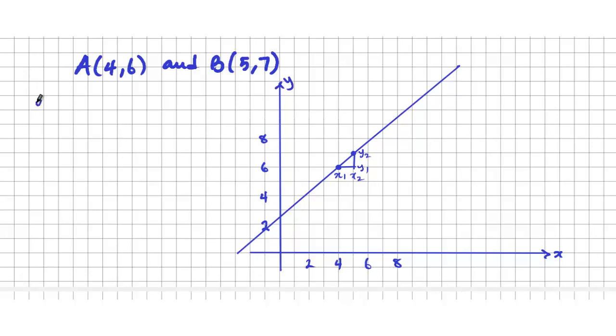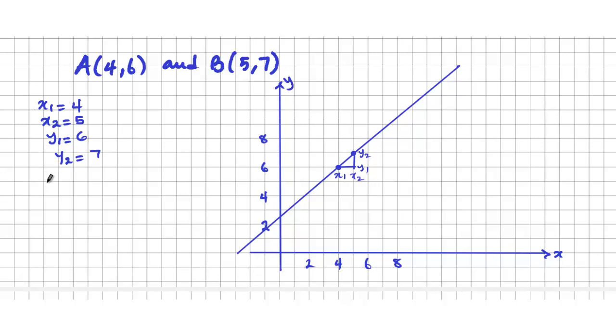So x1 is 4, and x2 will be 5. Then y1 is 6, and y2 will be 7.